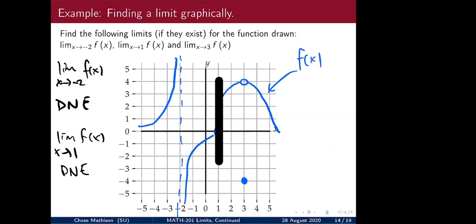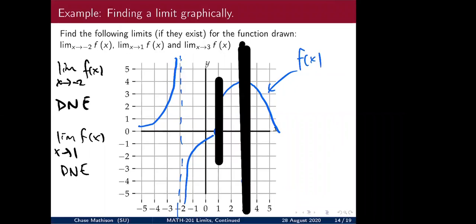Excellent, 4. Yes, it is not negative 4, where the function is actually defined as. That is just there to trick you. It is positive 4 because, again, cover up what's actually happening at x equals 3. So if we look at this, let me draw in another line. There we go.